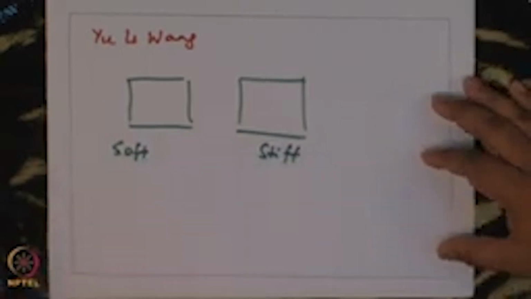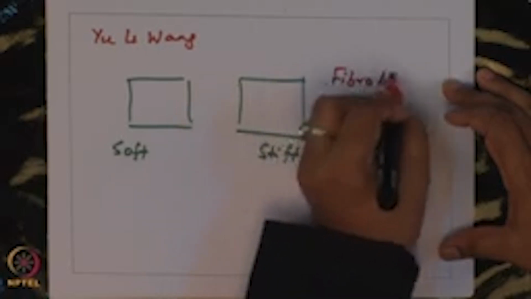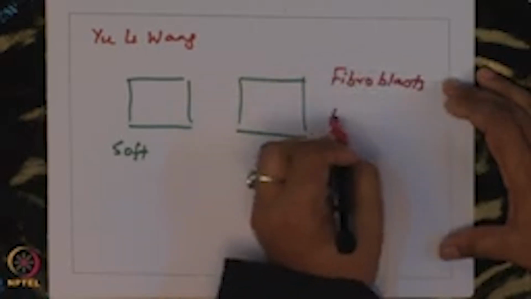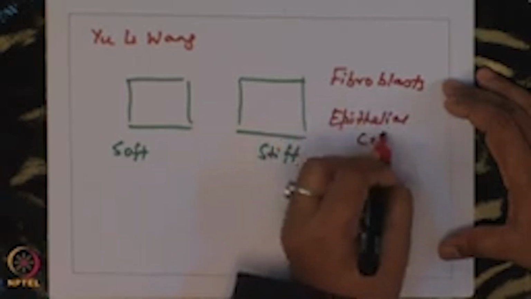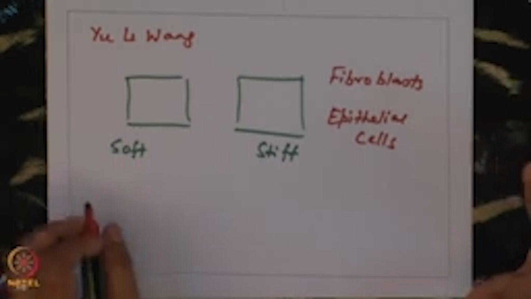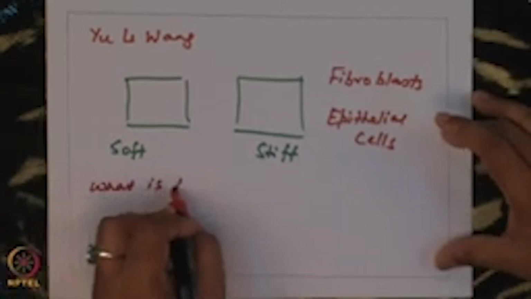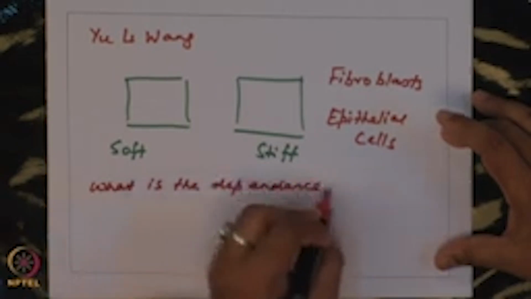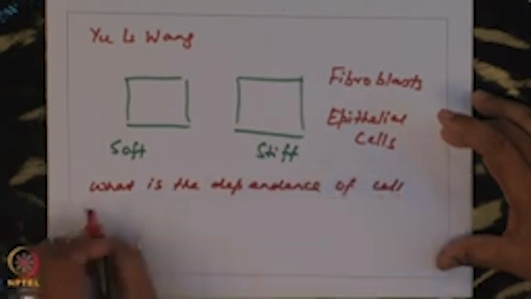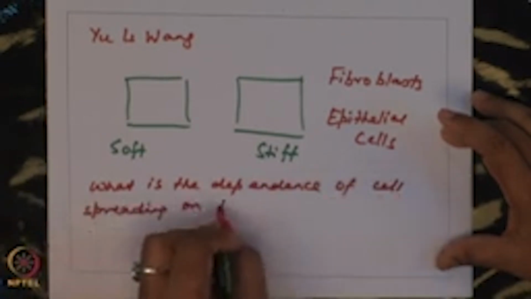And on these he plated fibroblasts as well as epithelial cells. And he asked what is the dependence of cell spreading on these substrates.